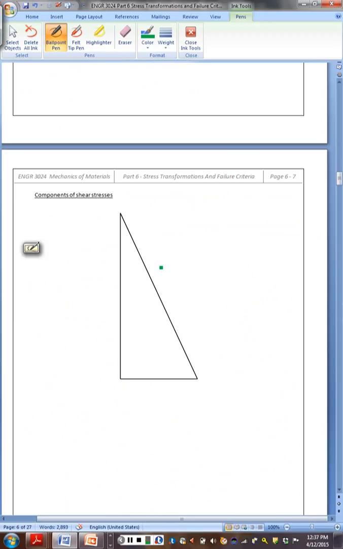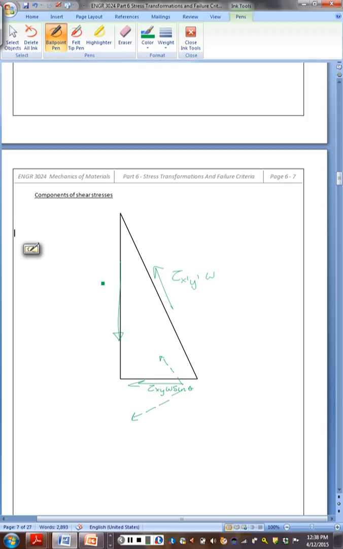Looking at the shear stresses along this face, this one is already in the new coordinate system, and we have one here whose original magnitude is tau xy W sine theta, and we need components in the x prime and y prime direction.